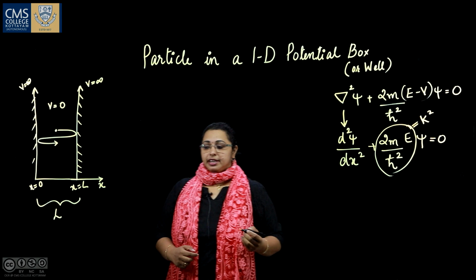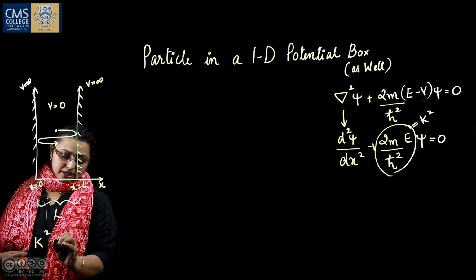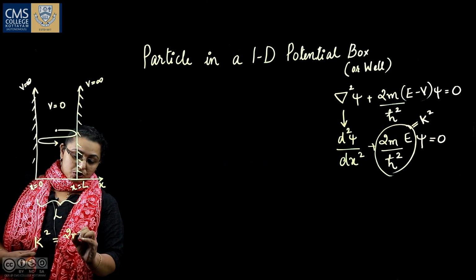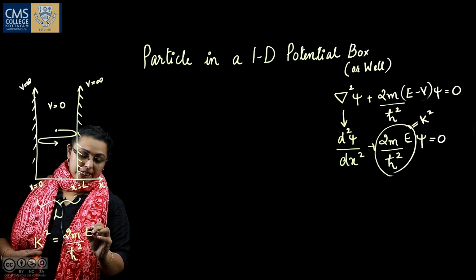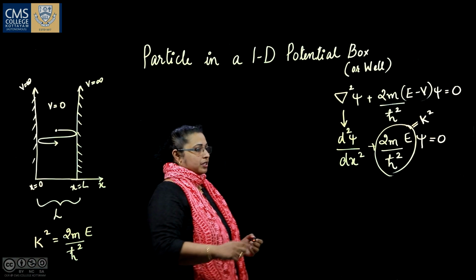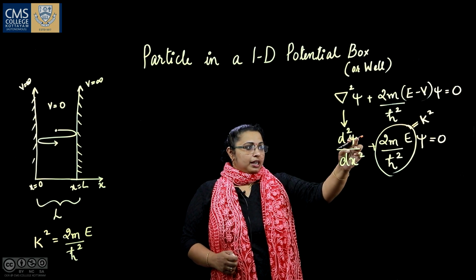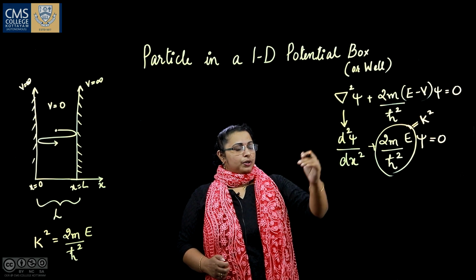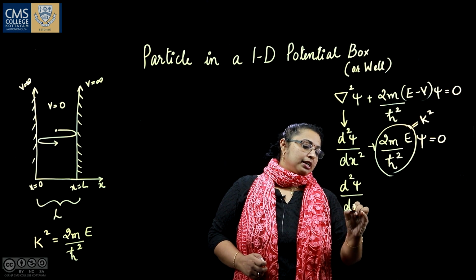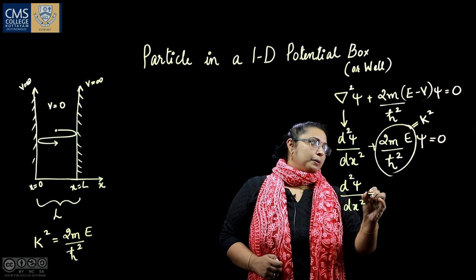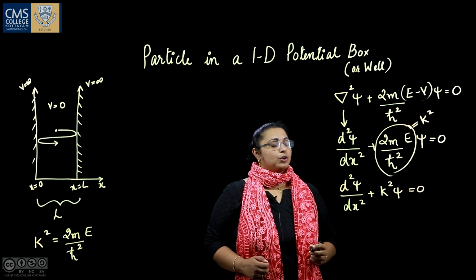So, I will write it here: k square is equal to 2m by h cross square E. This is the substitution we are making, and the equation becomes d square psi by dx square plus k square psi is equal to 0.